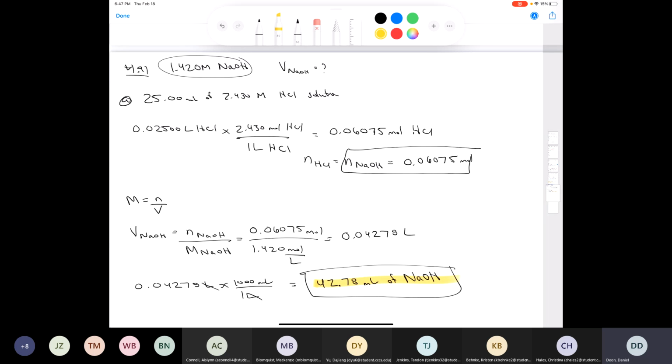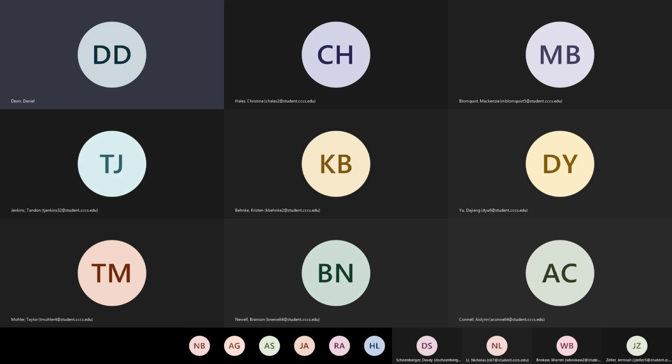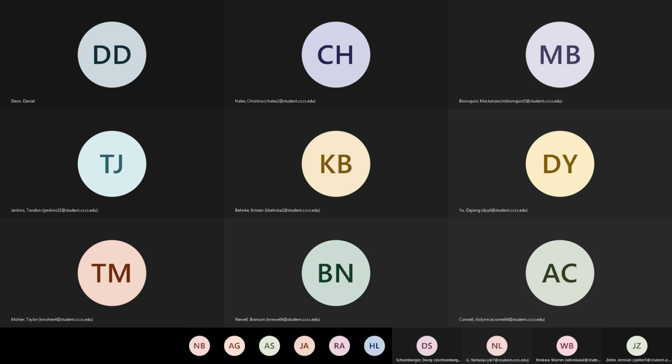I find it easier, but I just want to make you aware that if you're the kind of person who likes to do step 1 and then step 2, and step 3, that's totally cool. It's totally fine as long as you understand what you're doing. Okay, don't ever be intimidated and say, well, I have to do it by dimensional analysis, or I'll never pass the class, because that's not true.